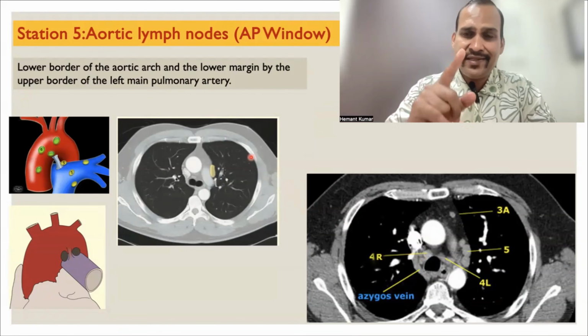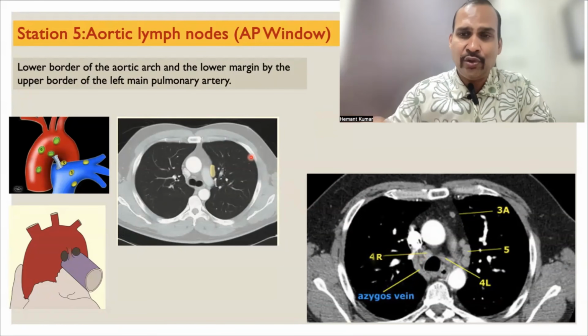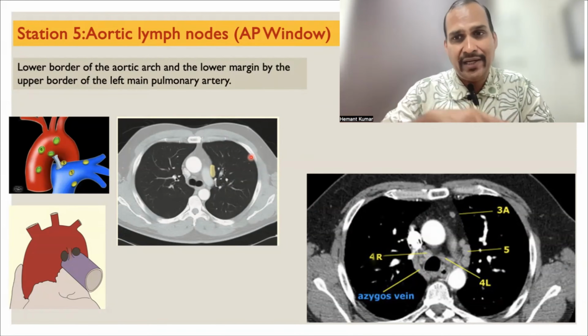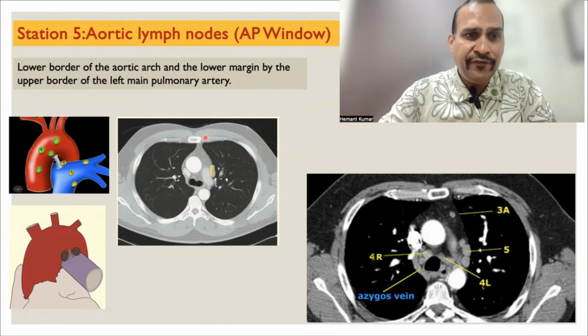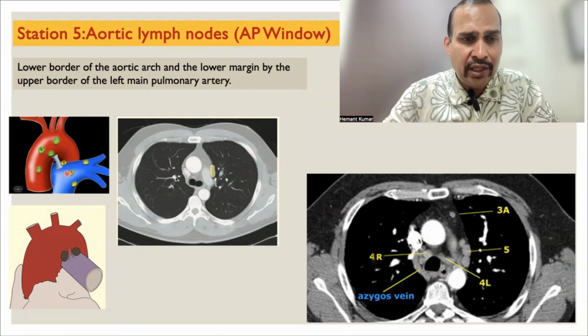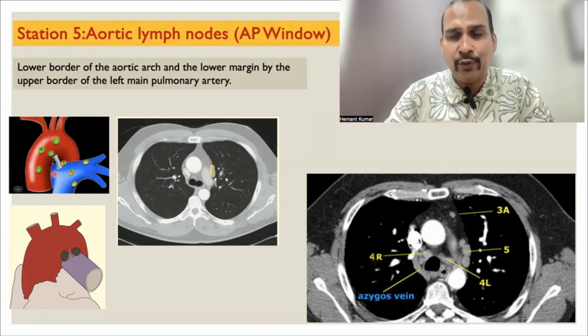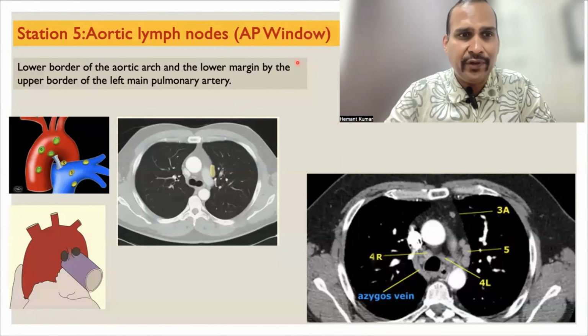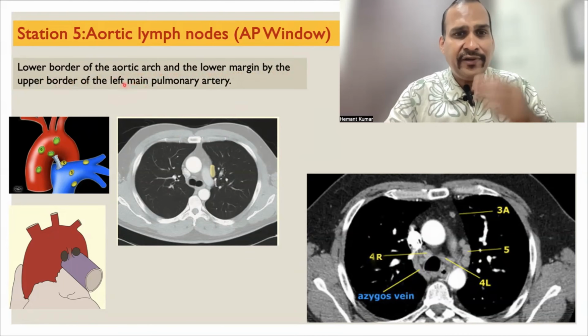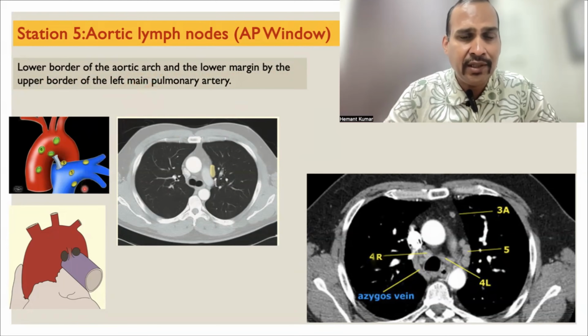Station 5 and 6 are related to the arch of aorta and pulmonary artery. The lymph node between the arch of aorta and pulmonary artery is station 5, or aortic lymph node, also called AP window. This is the old name, AP window. It extends from the lower border of the aortic arch to the upper border of the left main pulmonary artery.